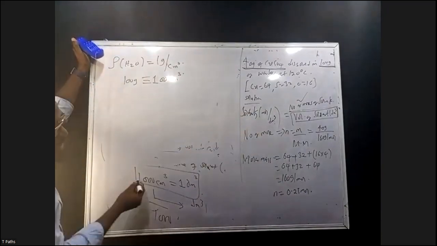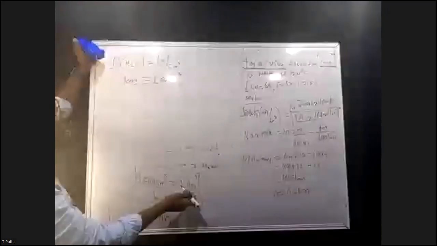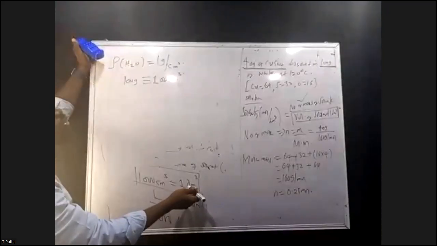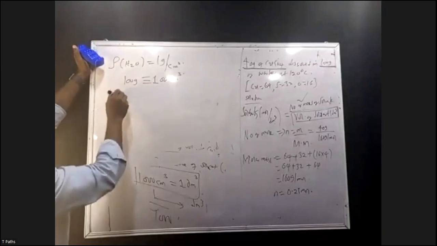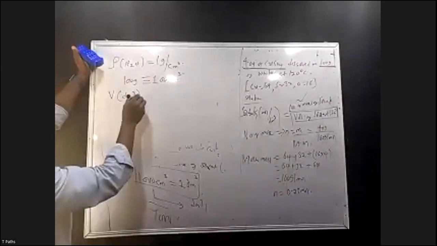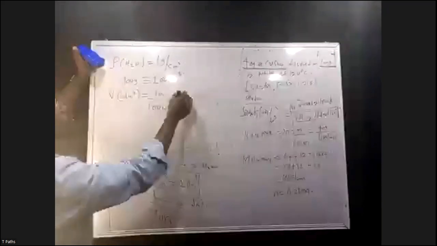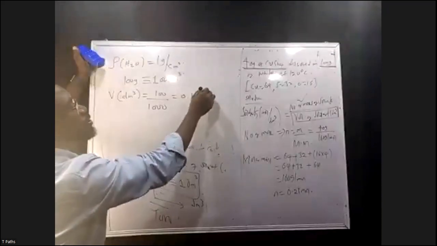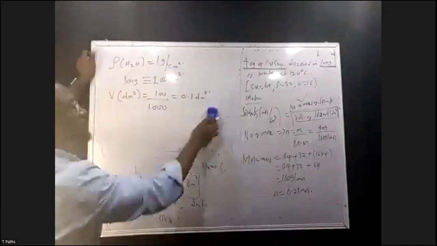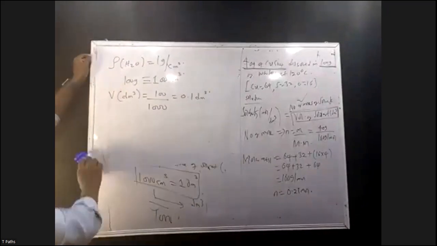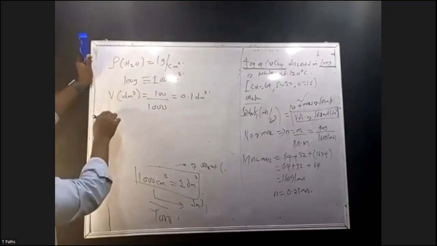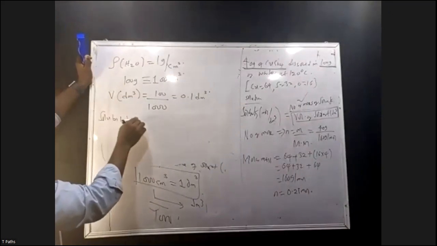I told you that to convert cm cube to dm cube, all you need to do is divide by 1000. So the volume in dm cube is 100 over 1000, which is 0.1 dm cube. So we can now get our solubility.